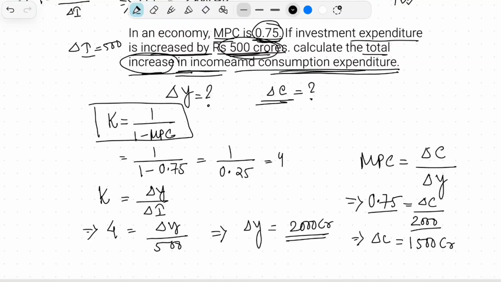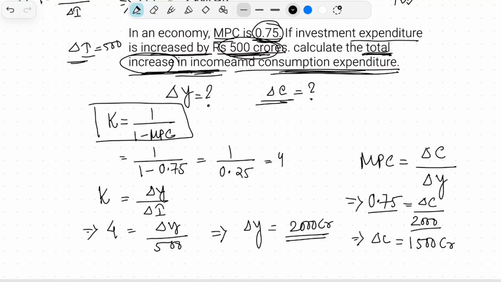So this 500 is actually the change in investment. The question asked us to calculate the increase in income and consumption expenditure.